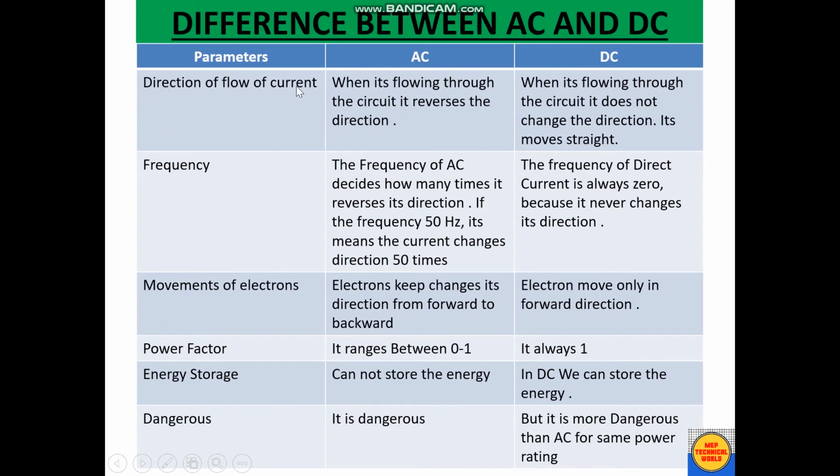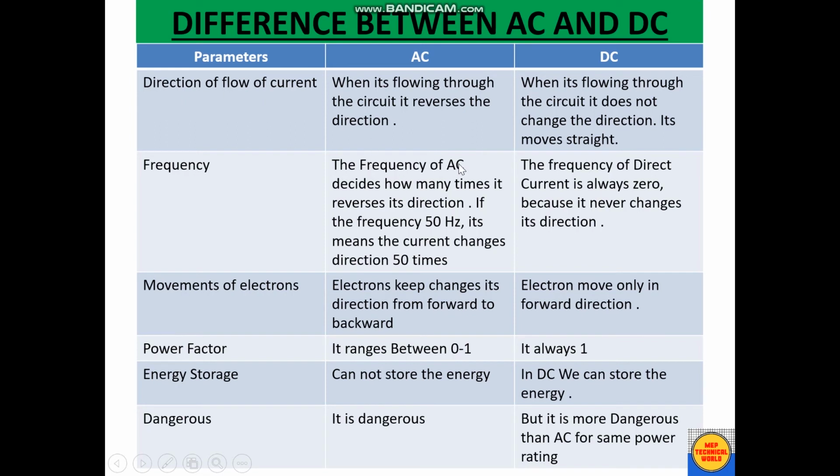First, direction of flow of current. In AC, when it is flowing through the circuit, it reverses direction. In DC, when it is flowing through the electric circuit, it does not change direction. It moves straight.